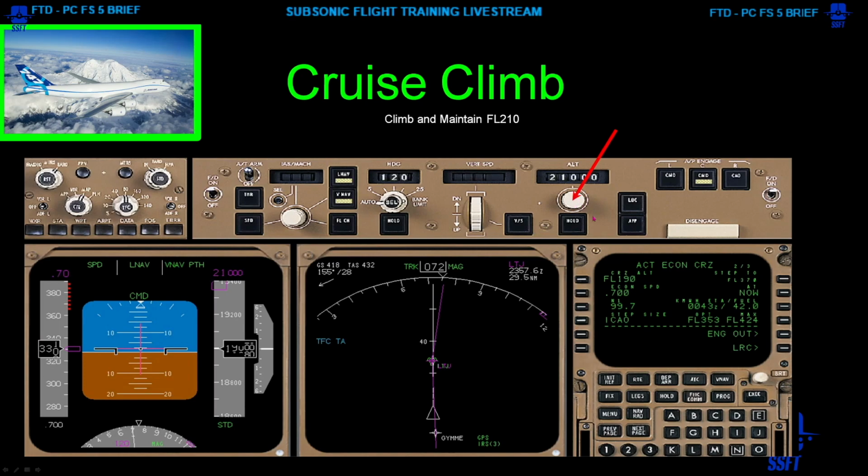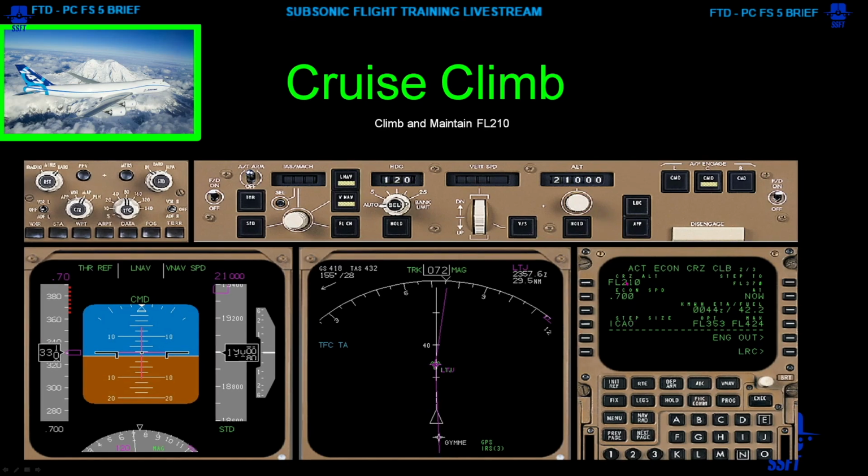When you push the selector, that's automatically going to change the cruise altitude on your cruise page to 210, and this title will change from active econ cruise to active econ cruise climb. And so it'll do a cruise climb at cruise airspeed up to the new cruise altitude. So you'll see that we put it in, we push it. There is no execute on this. When you push it, you're going to get this.